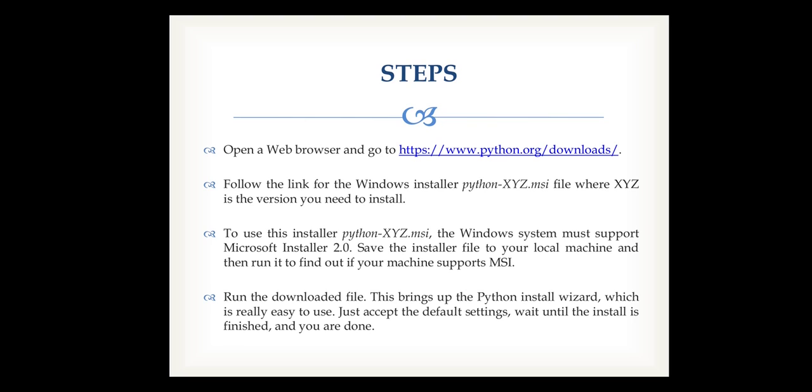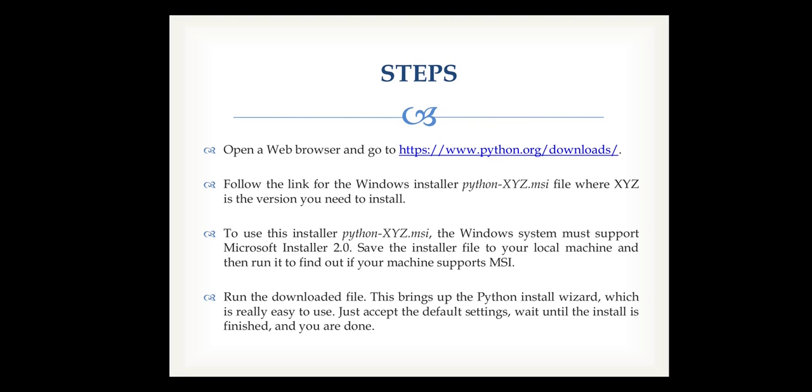To use this installer, Python, here is just an example, xyz.msi. This is just an example of a simple version. For this version, the Windows system must support Microsoft Installer 2.0.